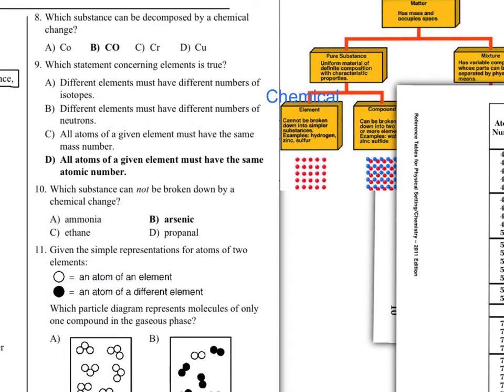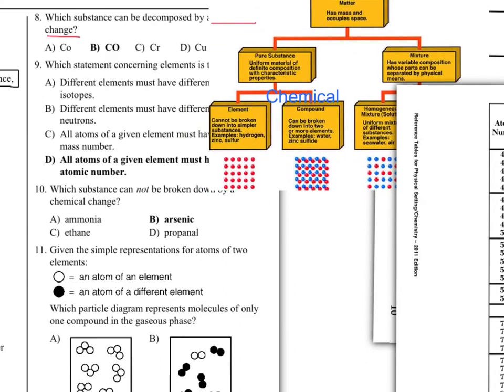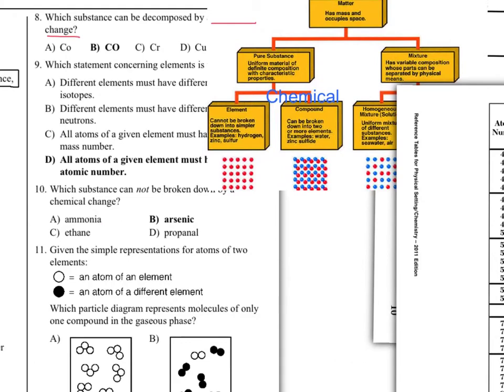In question 8, we were asked what can be decomposed by a chemical change. And if we refer back to our matter chart, we recall that the chemical change or the chemical means of separation directly correlates with the compound.